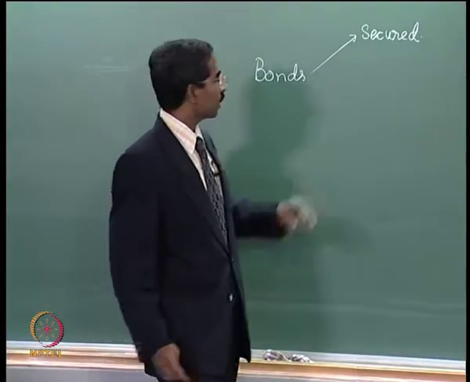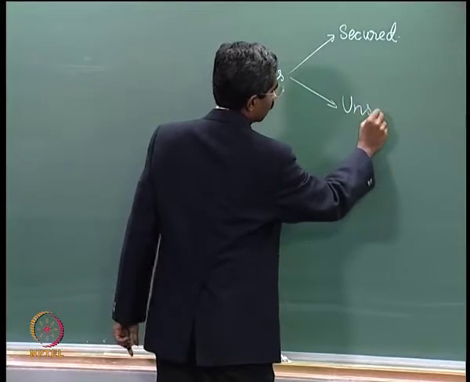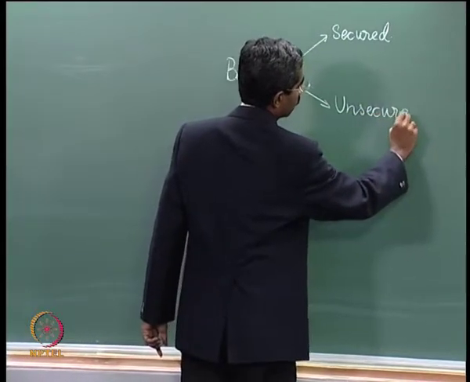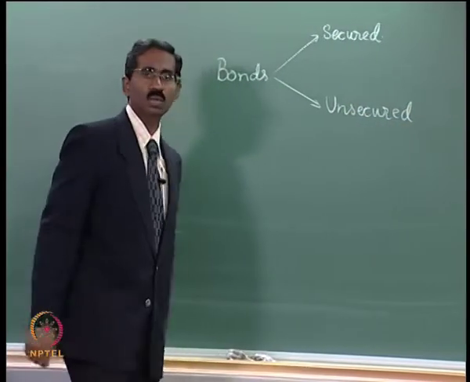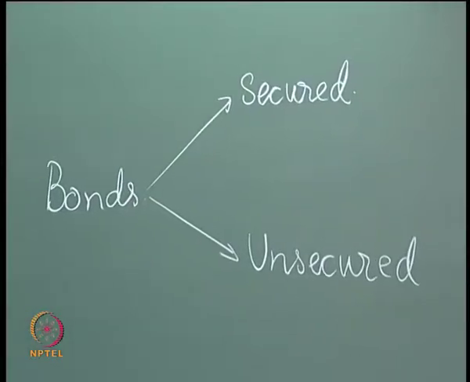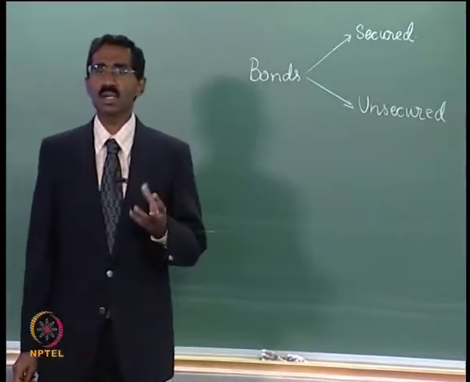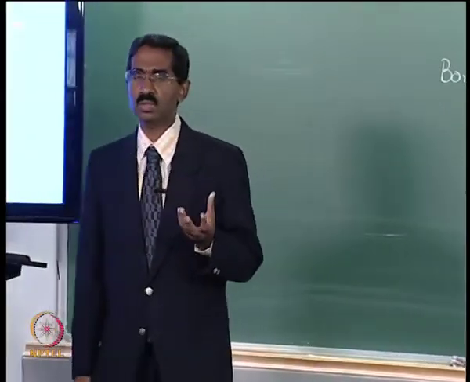The second is what is called your unsecured, and there are no securities provided to the lenders, and the lenders have to rely on the cash flows that are available to service the debt.